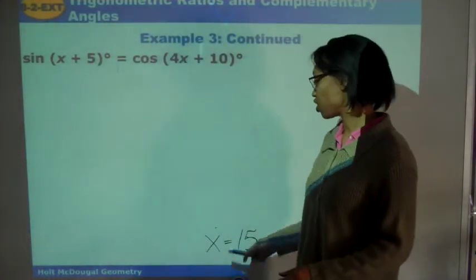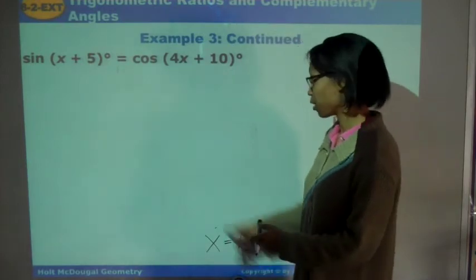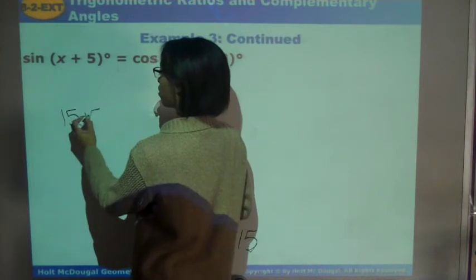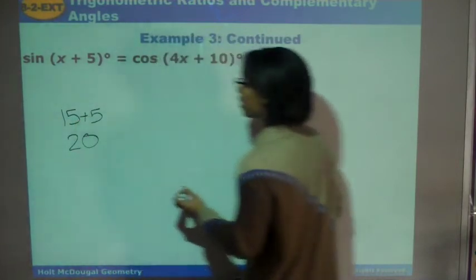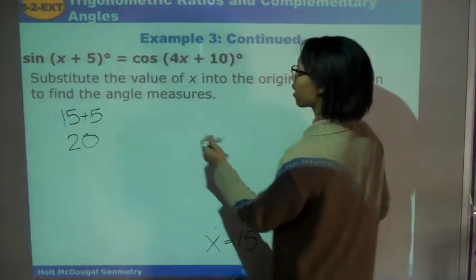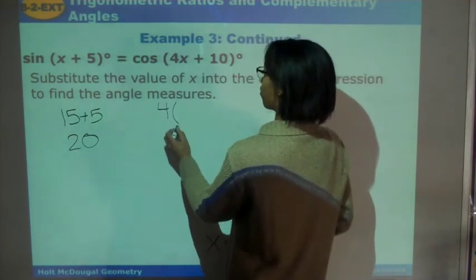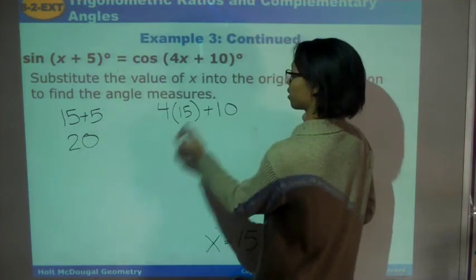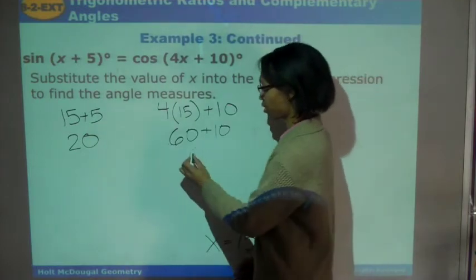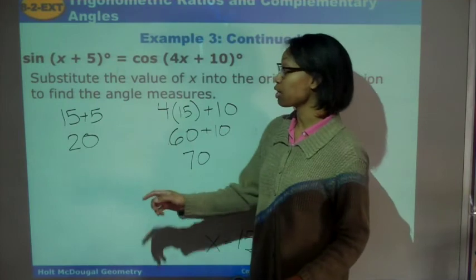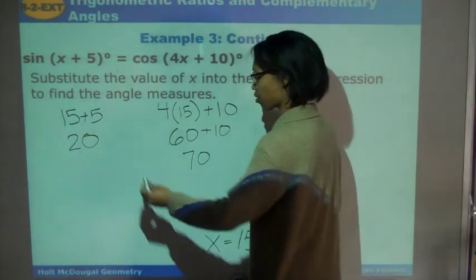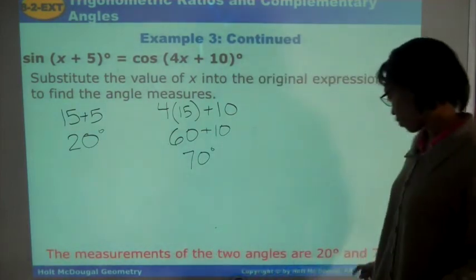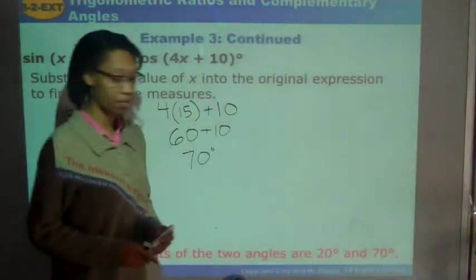Putting 15 into x plus 5 gives us 20. And 4 times 15 plus 10 gives us 60 plus 10, which is 70. So the measures of the two angles are 20 degrees and 70 degrees.